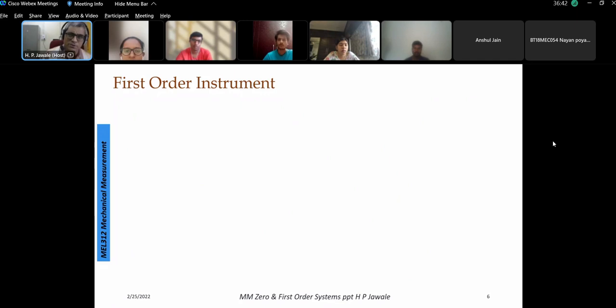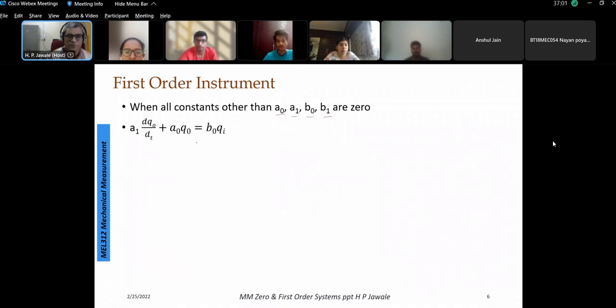So let us understand what the first order system is. Say first order system, from the linear equation that we have seen earlier, when the constants other than A0, A1, B0 and B1 are zero, or they are not present in the equation, we can give a better representation of the first order instrument in the form of the equation A1 dQo by dt plus A0 Qo equals B0 times Qi, where Qi is the input entity and Qo is the output entity.